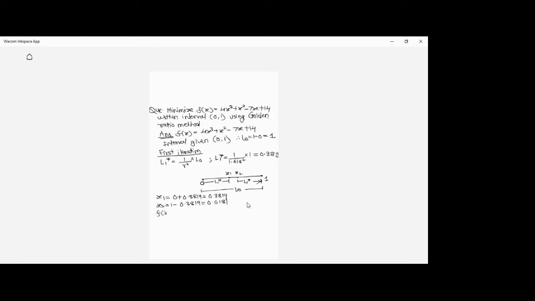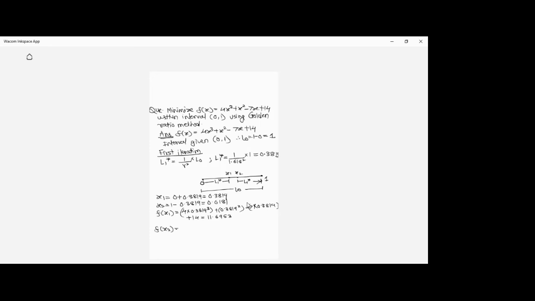So here we have to find out the value of f(x1). f(x1) can be given as 4 into, instead of x, we substitute the value of x1, that is 0.3819 cubed, plus 0.3819 squared minus 7 into 0.3819 plus 14. The value of f(x1) comes out to be, according to my calculation, 11.6953.